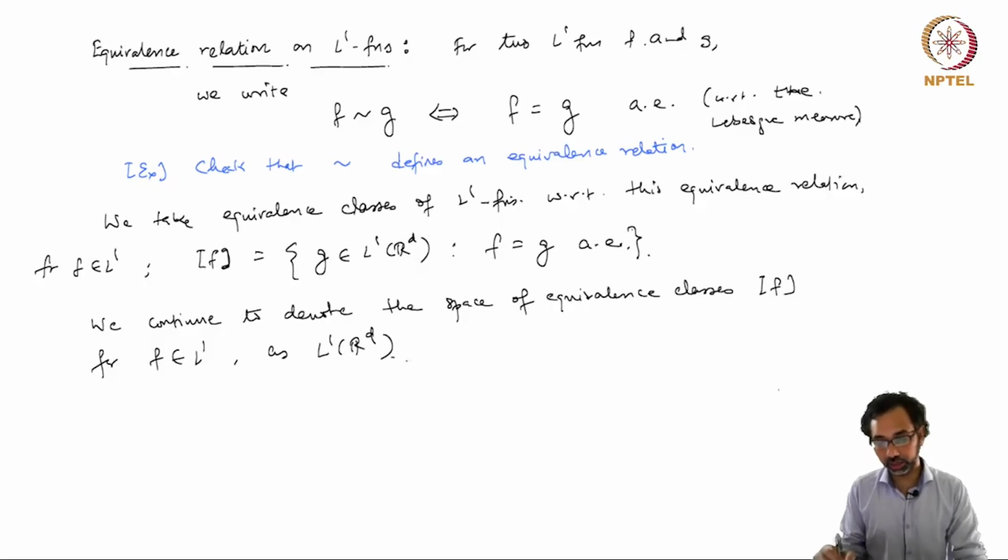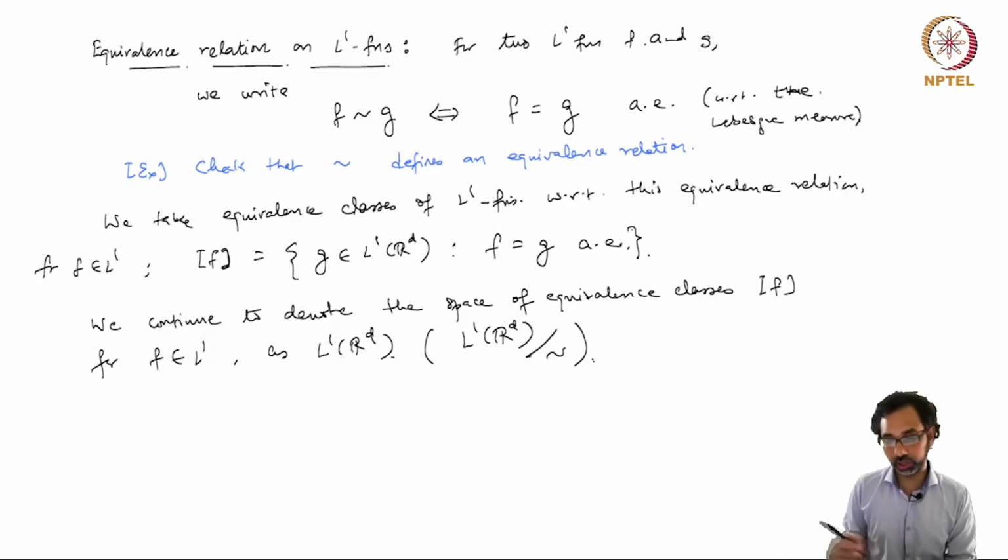So rather than using a new notation, we still write it as L1 R^d, which actually should have been written as L1 R^d modulo this equivalence relation from our previous notation. Rather than writing modulo always, we are going to write it simply as L1 of R^d.